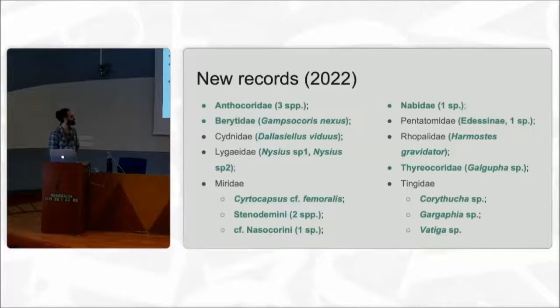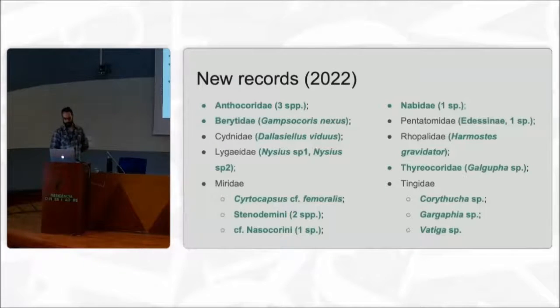So Anthocorids, we have 3 species, Berytid, we have 1. Ctenidae could also be identified as Delacielos, Vidas. Lygaeid was Nysius, 2 species.